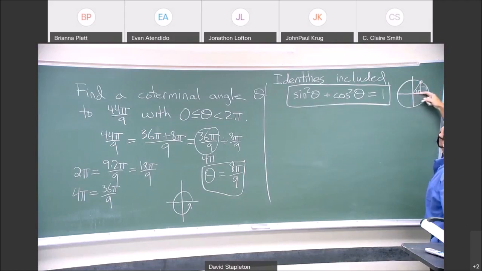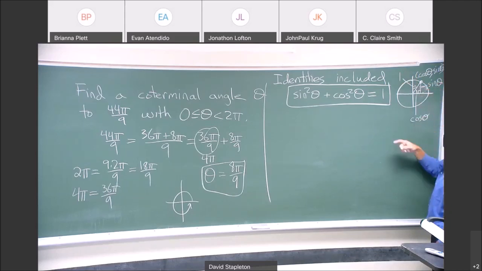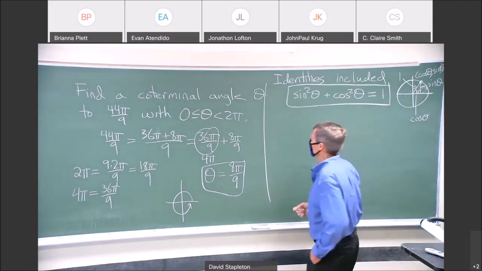The coordinates of the point are cosine theta and sine theta. If this side is cosine theta and this side is sine theta, or in other quadrants plus or minus, and this side is 1 since it's a unit circle, that says cosine squared plus sine squared equals 1 by the Pythagorean theorem. Therefore, that's called the Pythagorean identity. So that's the proof of it.